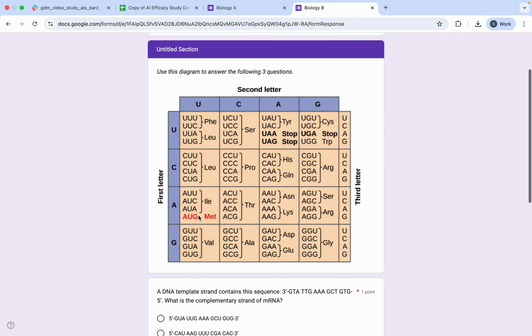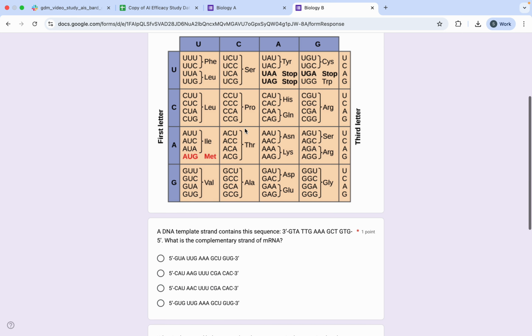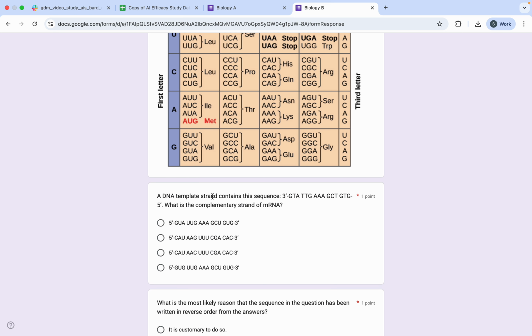Okay. So use this diagram to answer the following 3 questions. A DNA template strand contains this sequence: 3' GTA TTG GCT GTG 5'. What is the complementary strand of mRNA?